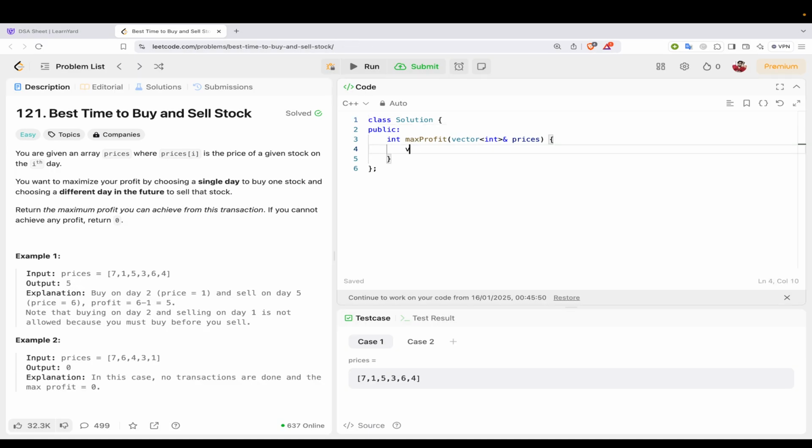So we will, as usual, create a vector of int dp of prices dot size, which will tell dp of I will speak. Let me comment it. dp of I will tell max profit you can get if you sell that stock on the i-th day.